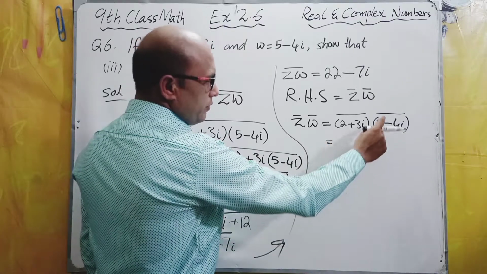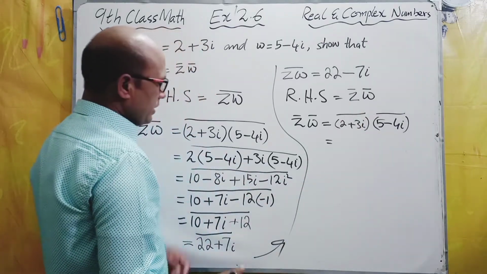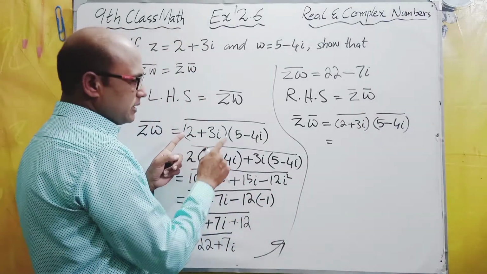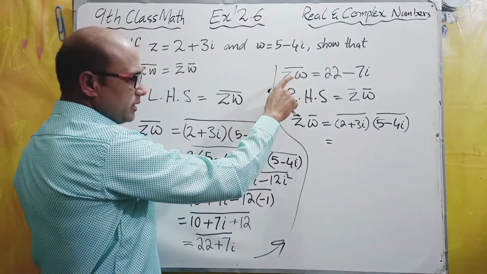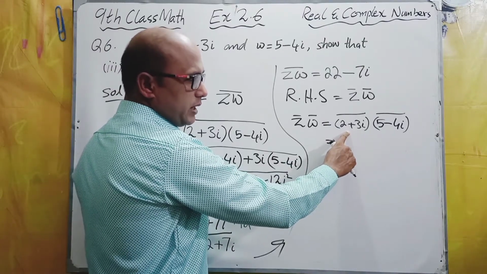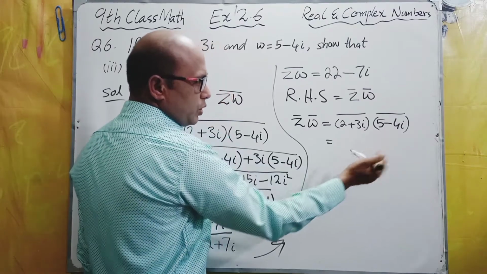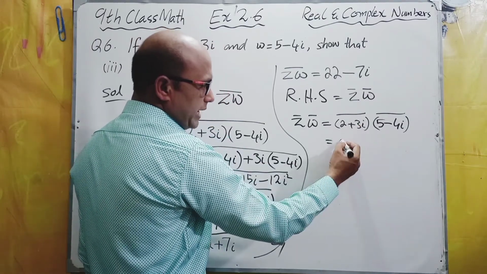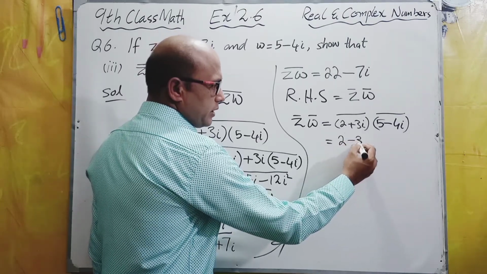Now first step is to remove the bar here. In the previous case we removed the bar at the end, but in this case, students, because the bar is separate on both of them, in the first step we'll remove that bar and we'll get 2 minus 3 iota.